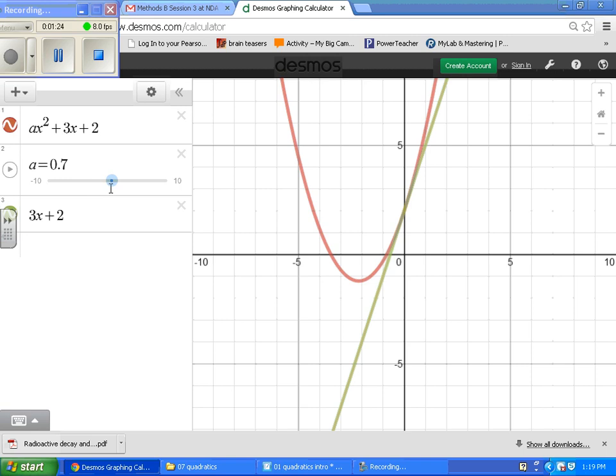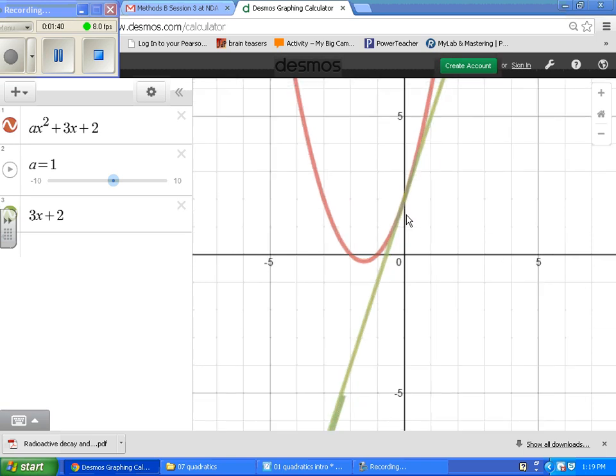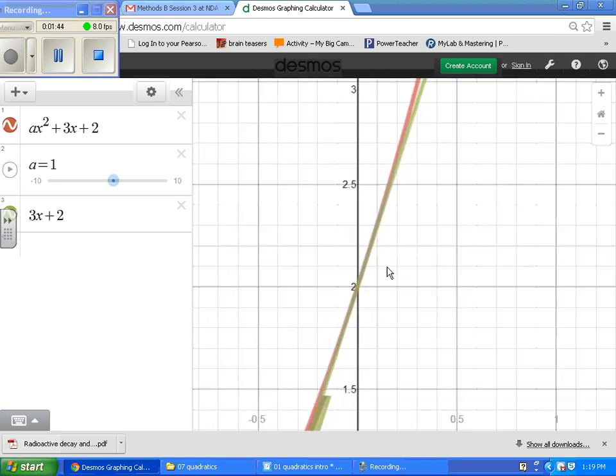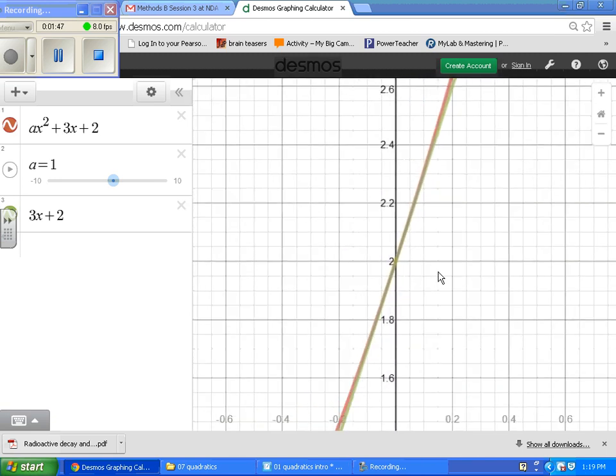So realize that this, for example, is a picture of the line y equals x squared plus 3x plus 2. And notice the line y equals 3x plus 2 goes right through the y-intercept, and it has the same general behavior as the parabola does. And you can zoom in there, and when you zoom in, you see that the line and the parabola are virtually the same.